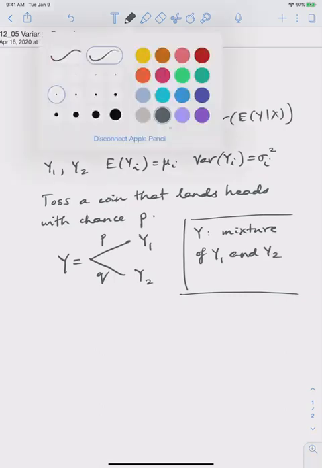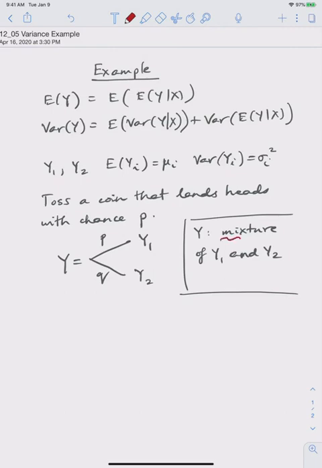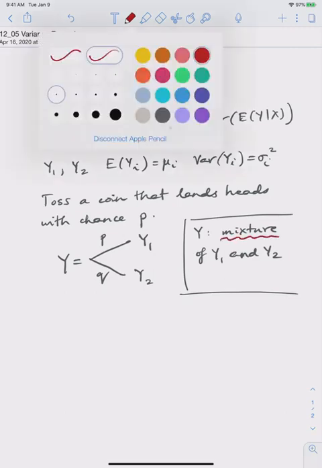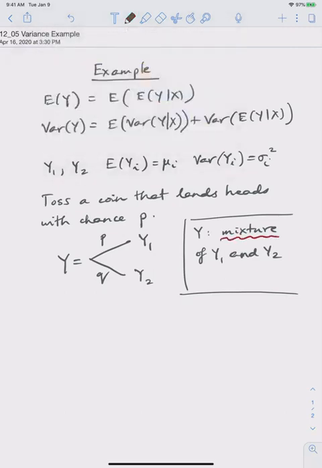Y is one of y1 and y2. You just don't know which one. It's a random one. And this move is called creating a mixture.